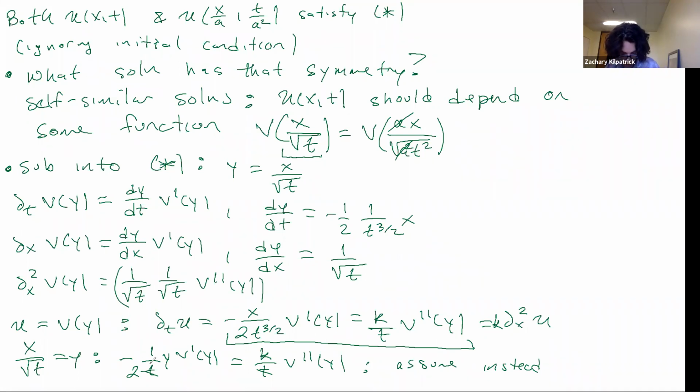So if we assume instead, okay, that u is equal to some function t to the alpha v of y, okay, then we can follow a similar process.